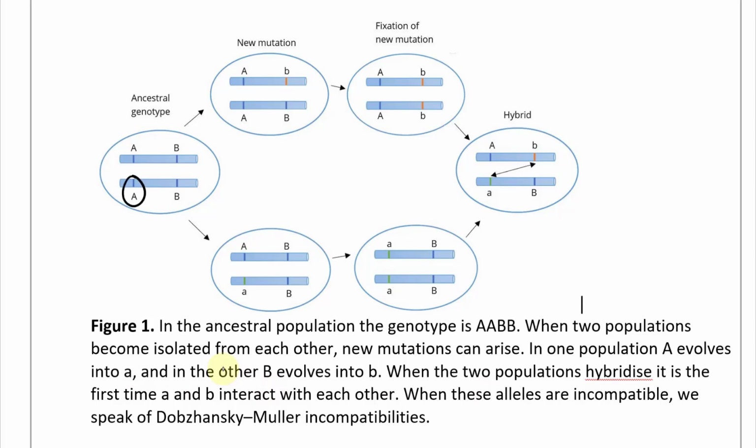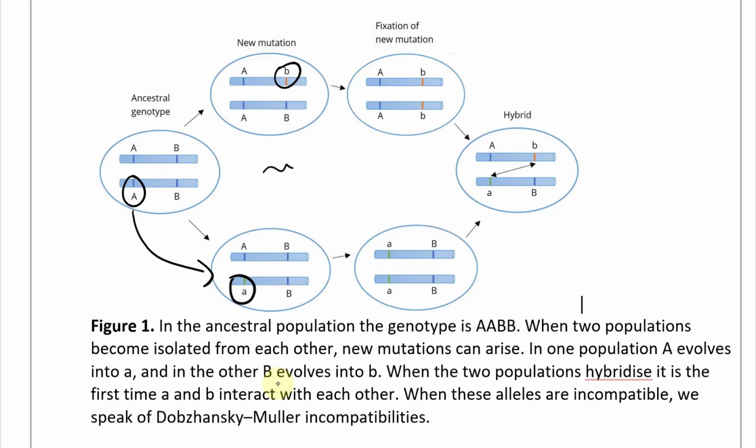Let's keep that mountain there. And then in the other population, capital B evolves into small b.